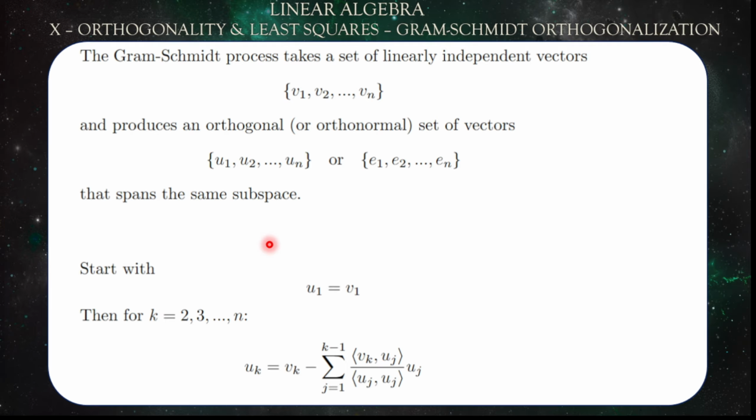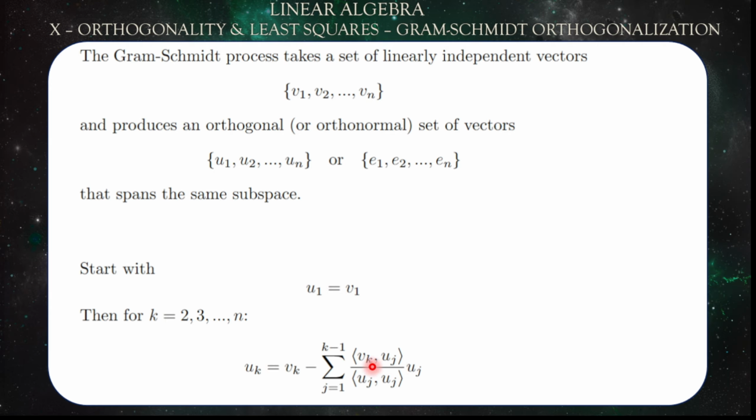You start with u1 equal to v1, then for k equal 2, 3, ..., n, we evaluate uk equal to vk minus the sum. This is how we get the different vectors. So for k equal 1, it would be u1 equal v1, minus the sum from j equal 1 to k minus 1. So if k equal 2, that would be from 1 to 1.